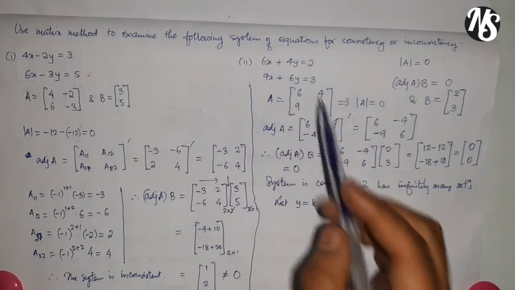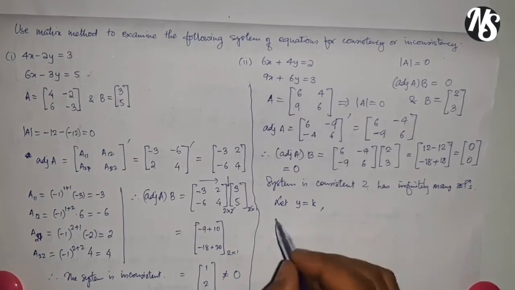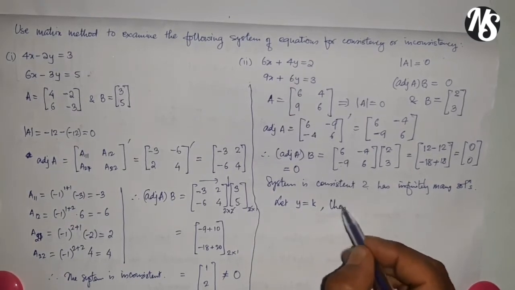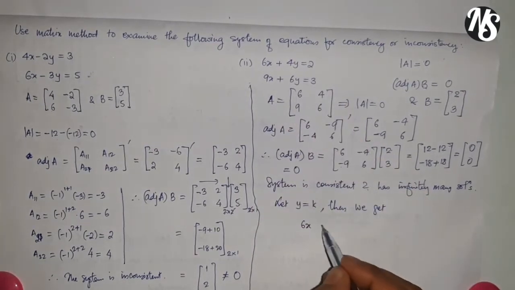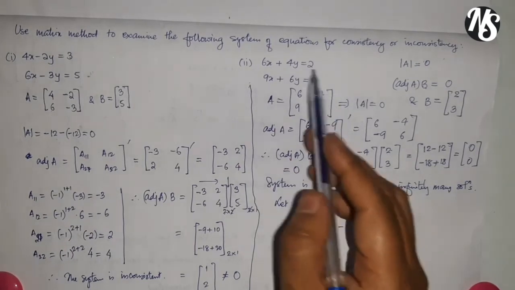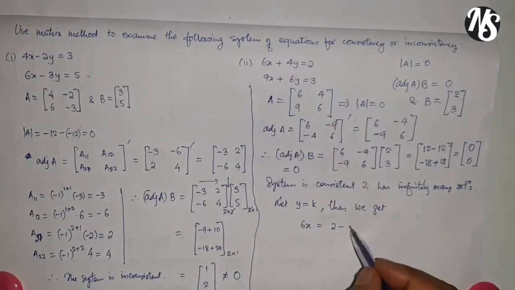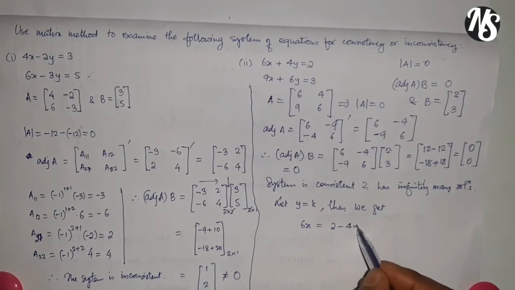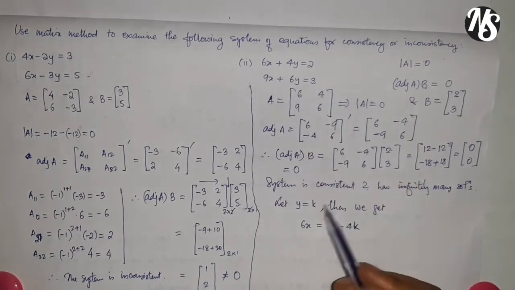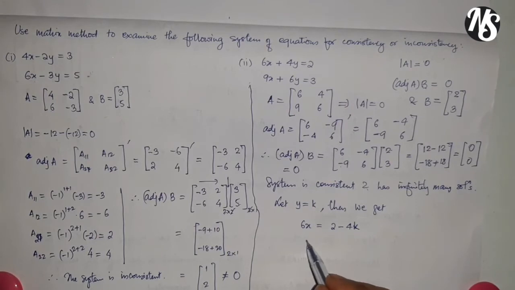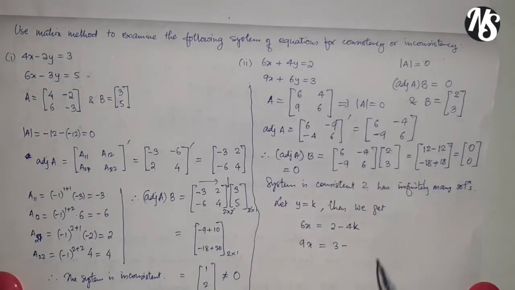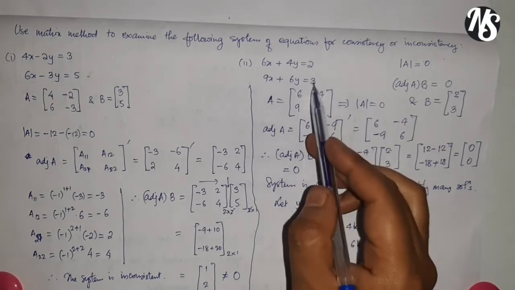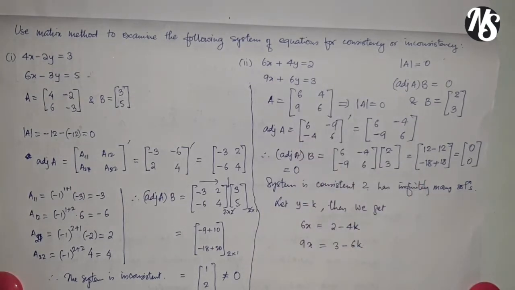Then from this you get 6x is equal to 2 minus 4y, so that's 4k, because y is equal to k. And from here you get 9x is equal to 3 minus 6k, since the 3 goes over there and becomes minus 6k.